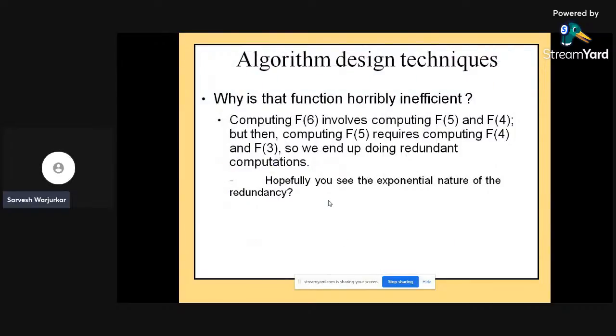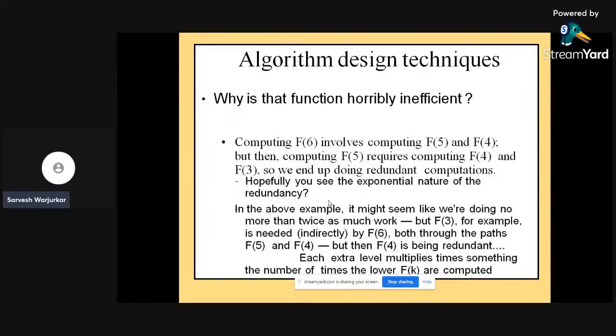Computing F6 involves computing F5 and F4, but computing F5 requires computing F4 and F3. Unless you are able to solve the previous one, you are unable to solve the next one. Hopefully, you can see the exponential nature of that redundancy: 6, 5 and 4, 5, 4 and 3, and so on.